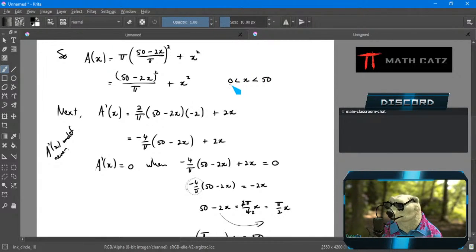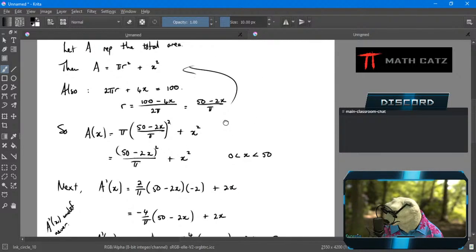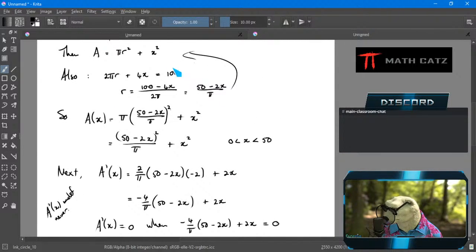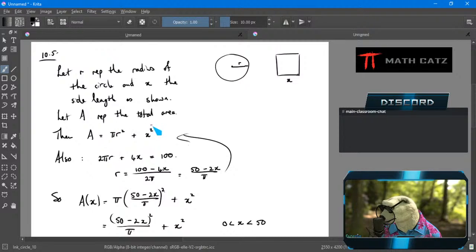If my area is 0, then this is now x. If I look up here maybe, if I want to see the picture. There we go. If I look at this version, that's the easiest one to reason with.